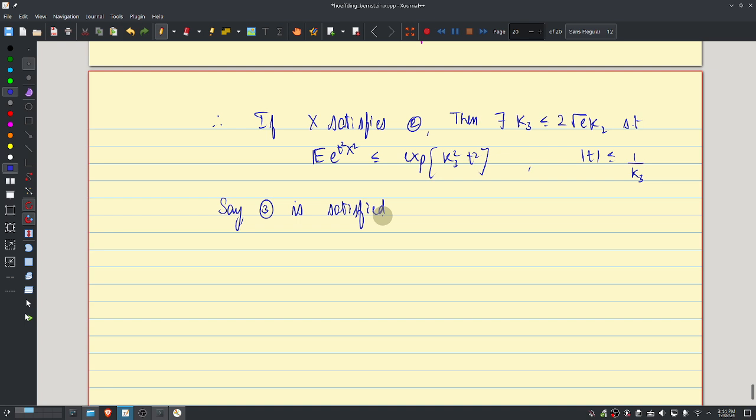So suppose that 3 is satisfied. Can I choose a t such that this becomes 2?